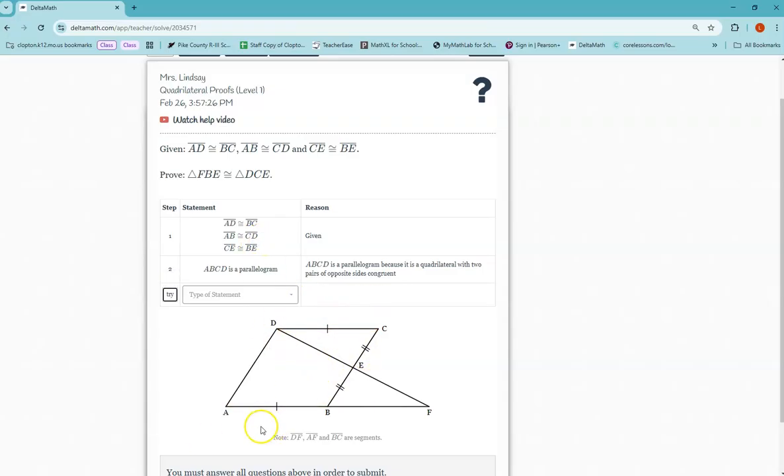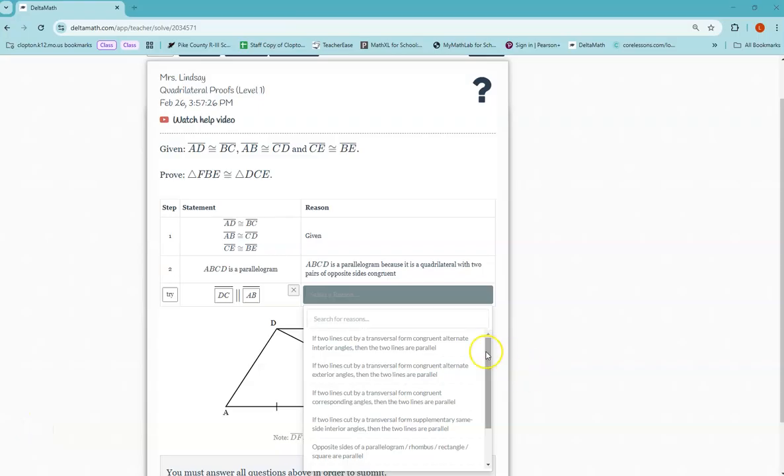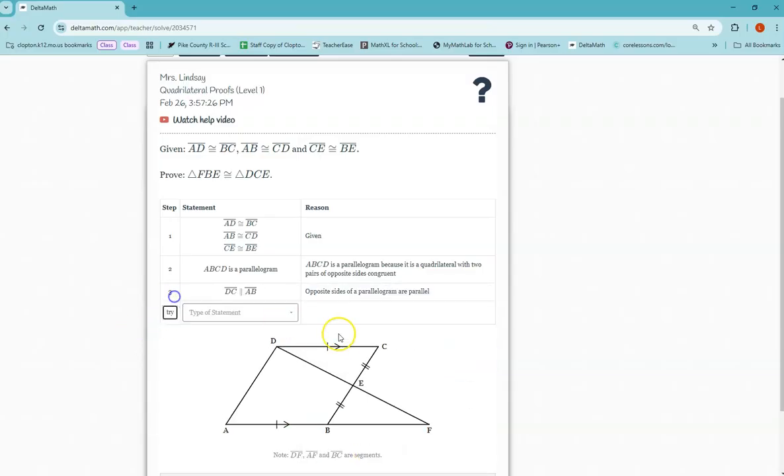We are looking to prove that FBE and DCE are congruent. So if this is a parallelogram, we probably need to say that these two lines are parallel. So DC is parallel to AB. Okay, so opposite sides of parallelograms are parallel. There we go. Okay, so let's look at these angles, DCE and FBE.